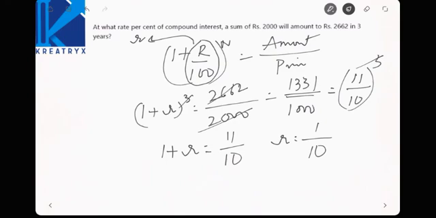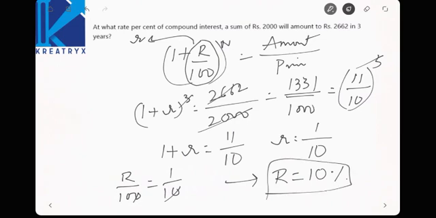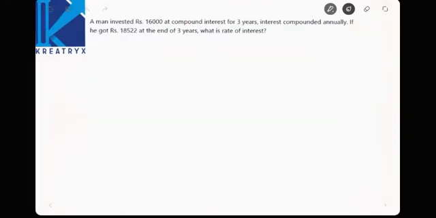Now r is equal to 1 by 10, that is nothing but you substitute r by 100 in the place of small r, that will lead to 10. So r is nothing but 10 percentage. Rate of interest is 10 percentage. See the question there, then that will be an easy thing to calculate.